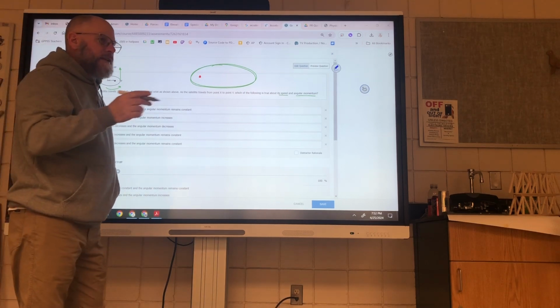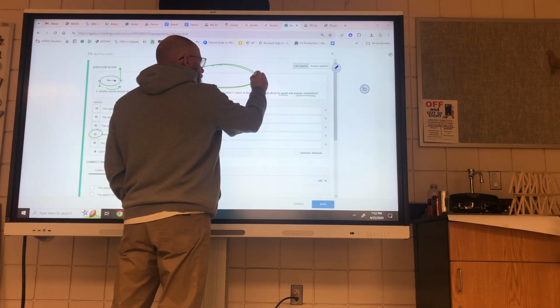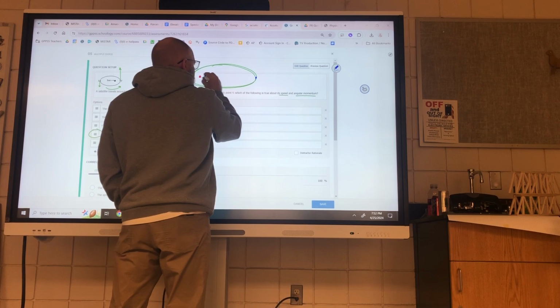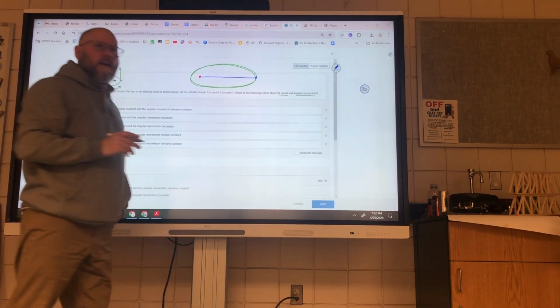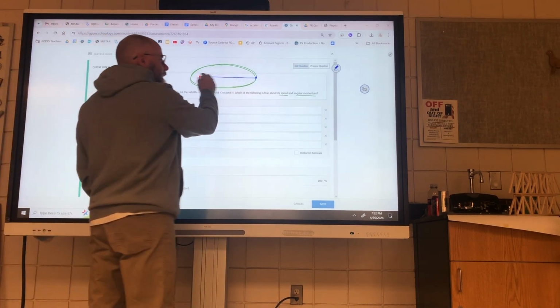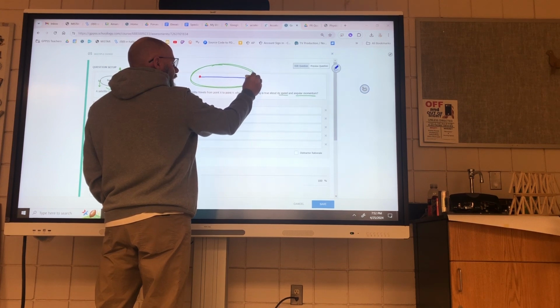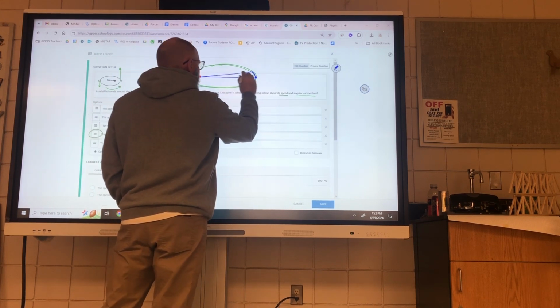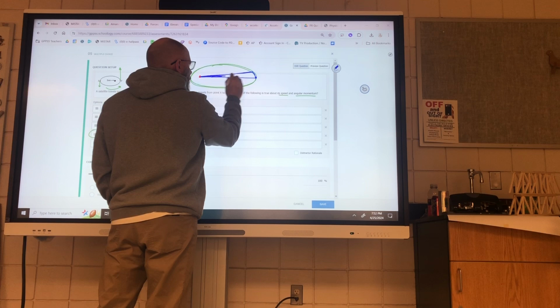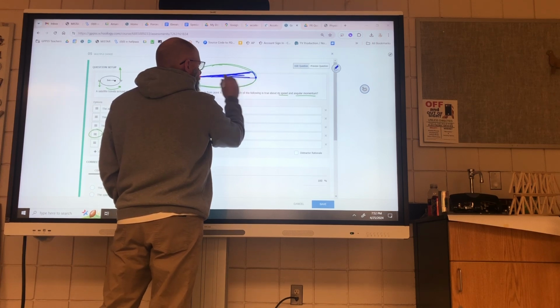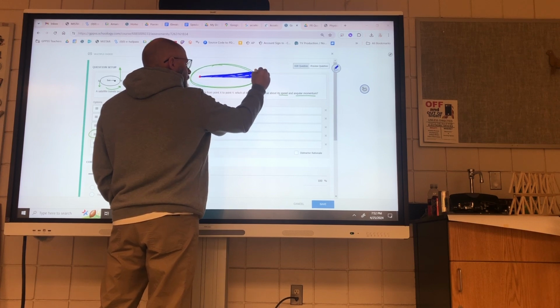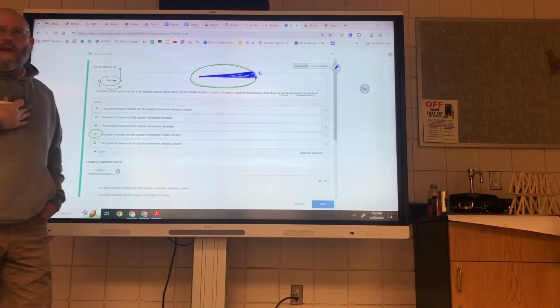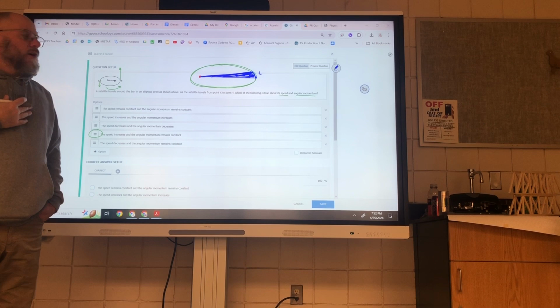He said, take your planet and put it somewhere on here. Draw a line from the planet to the star and let this line trace out an area in a given period of time. So if I color in my area here, this happened in time t.